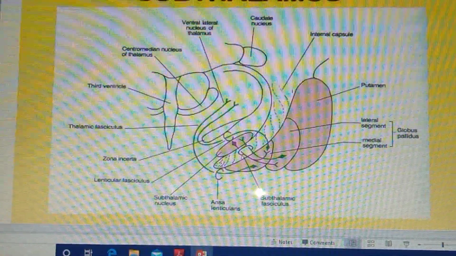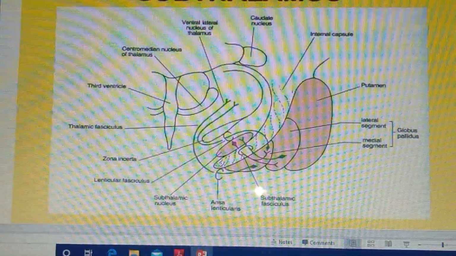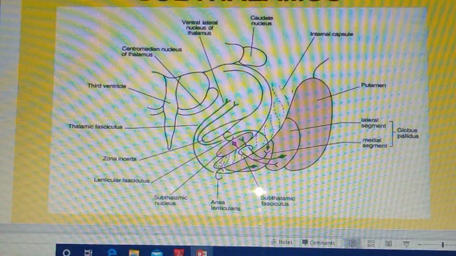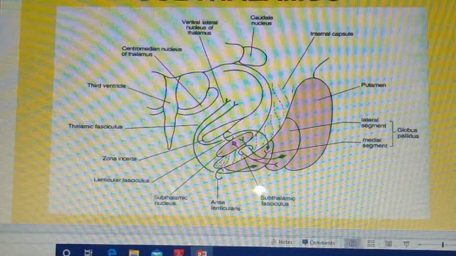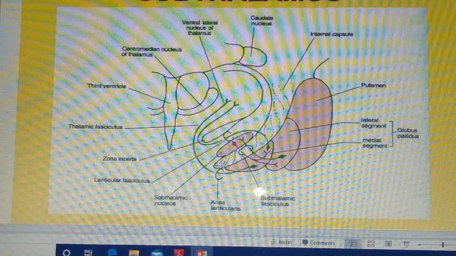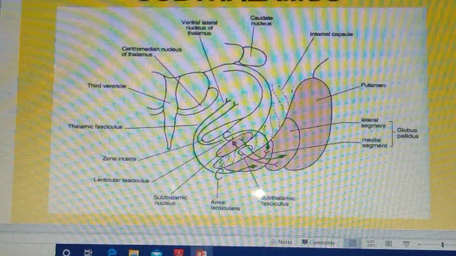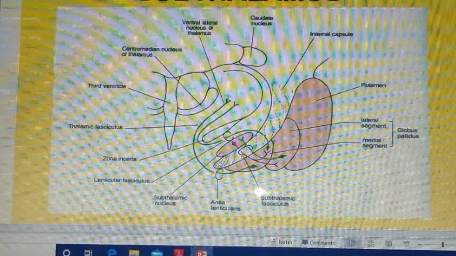The condition is abolished by the ablation of the globus pallidus or of its efferent tracts, the anterior ventral nucleus of the thalamus, area 4 of the cerebral cortex, or of the corticospinal tract, right? Means this hemiballismus condition is ended by the ablation. Ablation means removing that particular part, right?